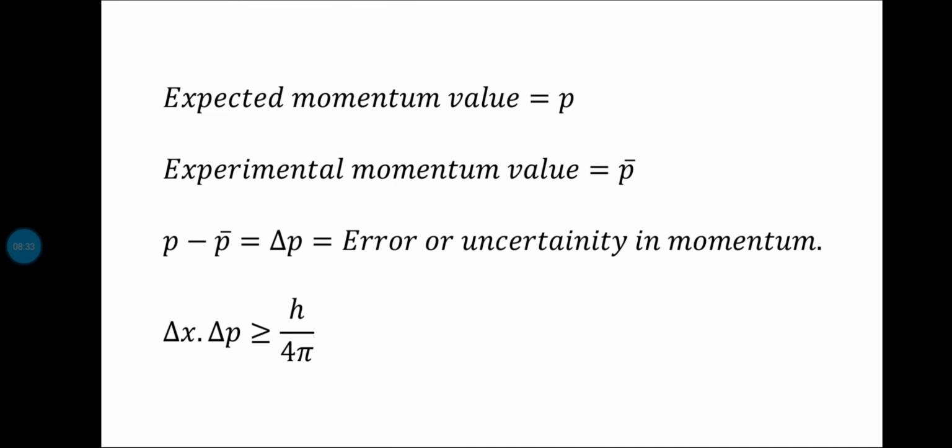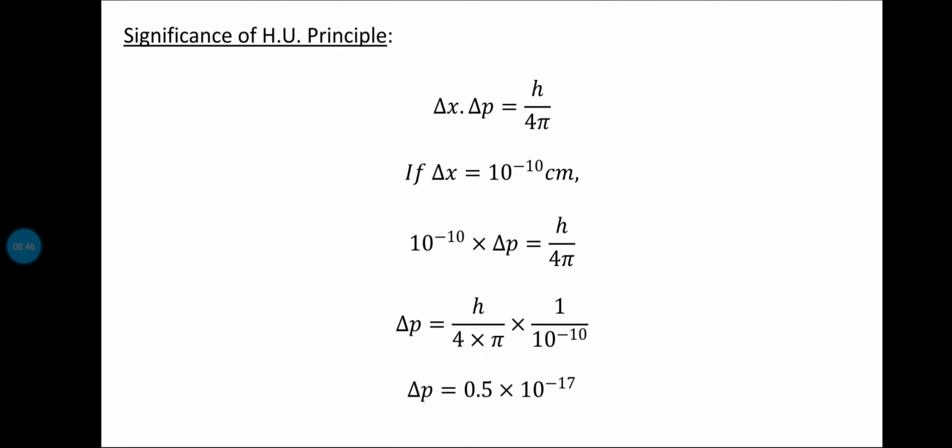So delta x into delta p is greater than or equal to h divided by 4 pi. This equation is known as the mathematical statement of the Heisenberg uncertainty principle. Remember that delta x is the uncertainty in position and delta p is the uncertainty in momentum.